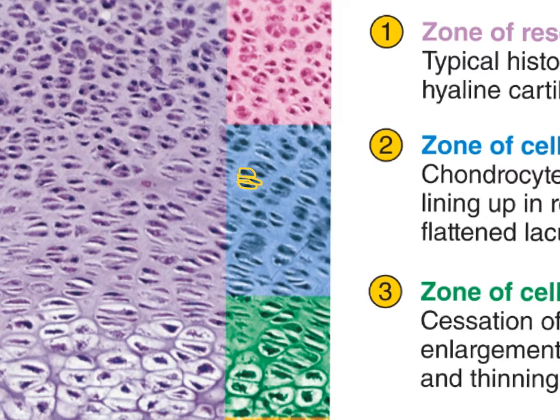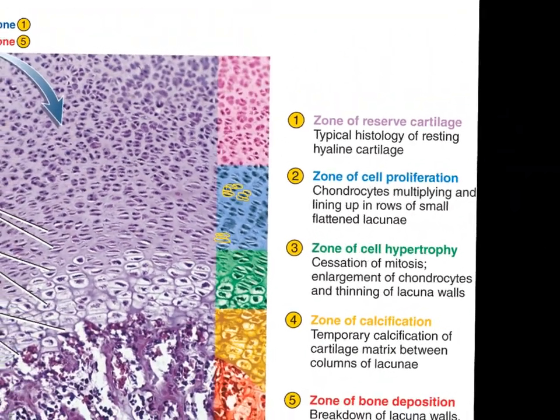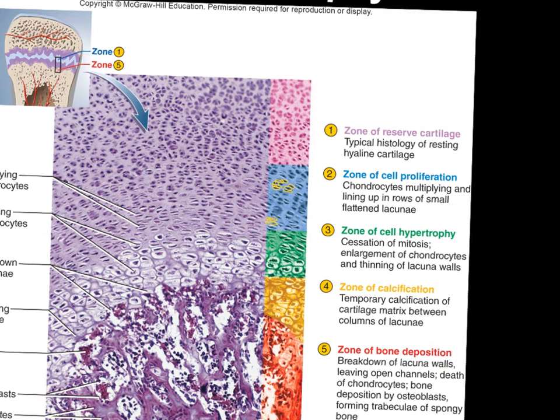That's what happens as they divide. They divide, and then the lacuna splits, and then they divide, and then the lacuna splits, and so you end up with these stacks of flattened lacuna. You can see down here as well. This is where we're going to get more cells from. That's the zone of cell proliferation.